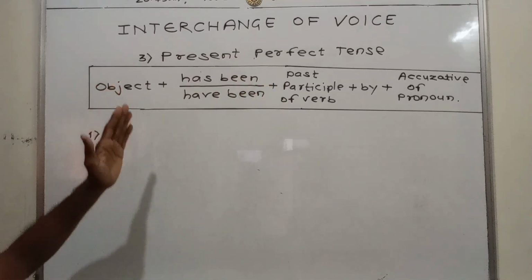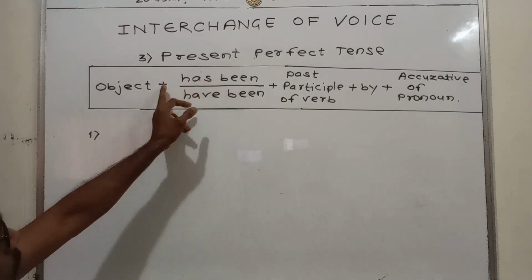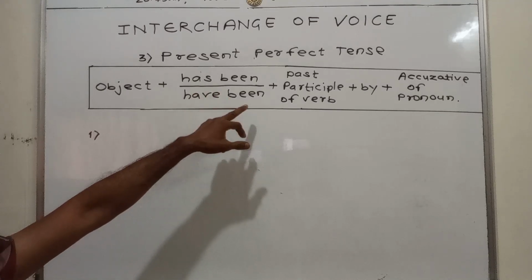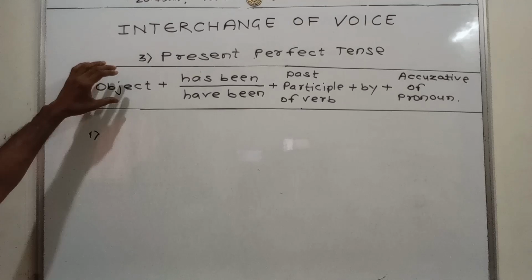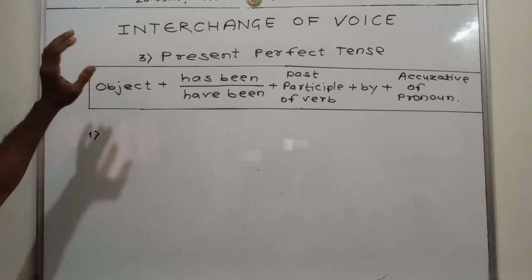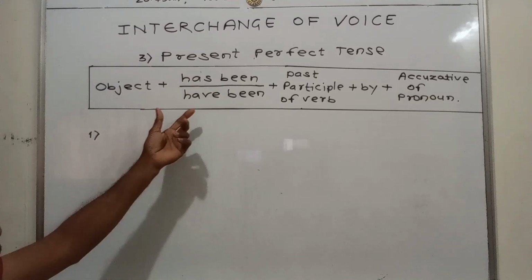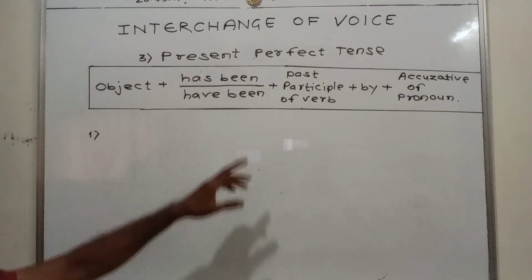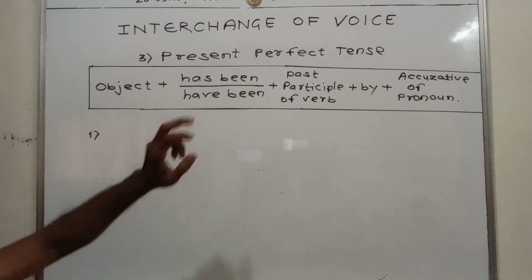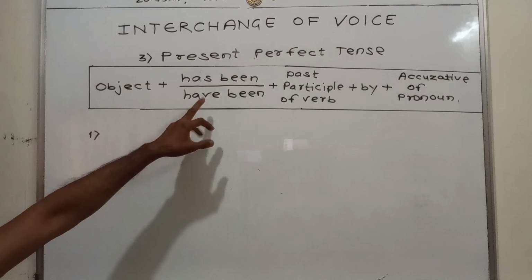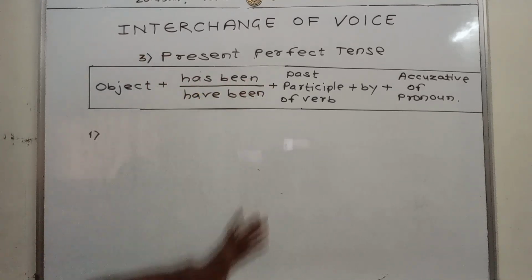Did you get it? Then has been or have been. Has been when our subject, that is the object, is singular, and plural we use have been. Then past participle of verb.